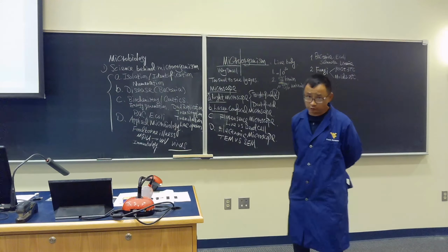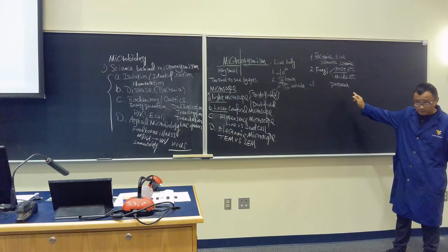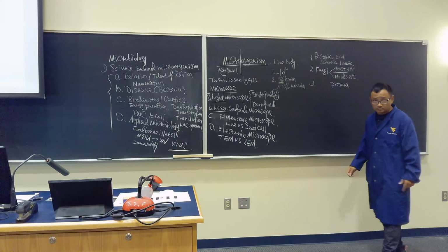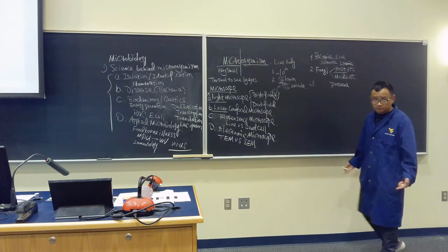Protozoa. It's a separate class at WVU, is that right? Animal nutrition science. We have a separate class that talks about protozoa. What are the examples? Did you hear about Toxoplasma gondii?